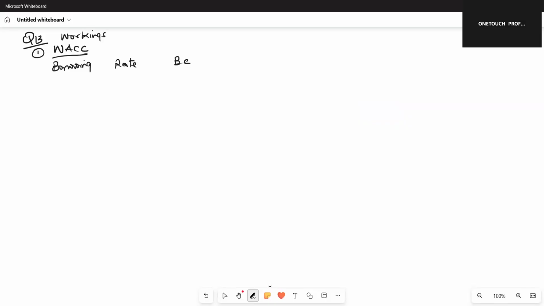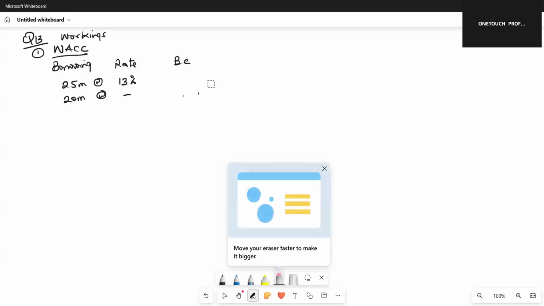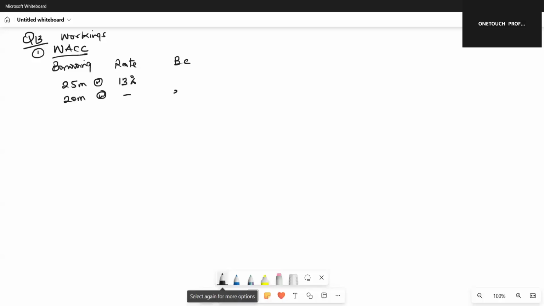So what's the first one? 25 million at 13%, then 20 million, but we know that the markup is 3 million. Then the 25 million will give us how much? 3.25. So 3,250,000.